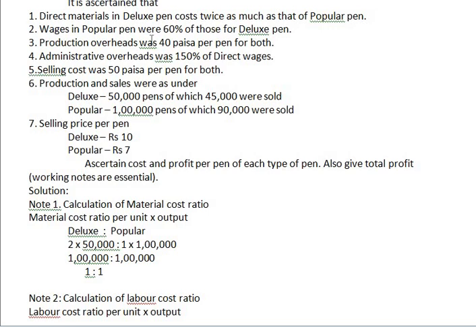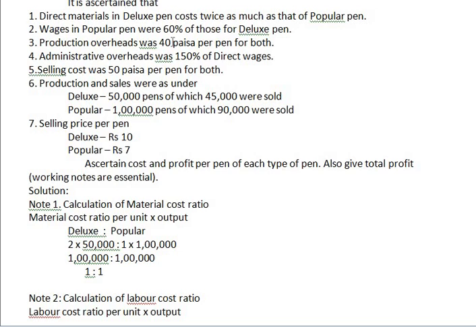Wages in popular pen were 60% of those for deluxe pen. It means we will assume if deluxe pen is 100%, then popular pen will be 60%.